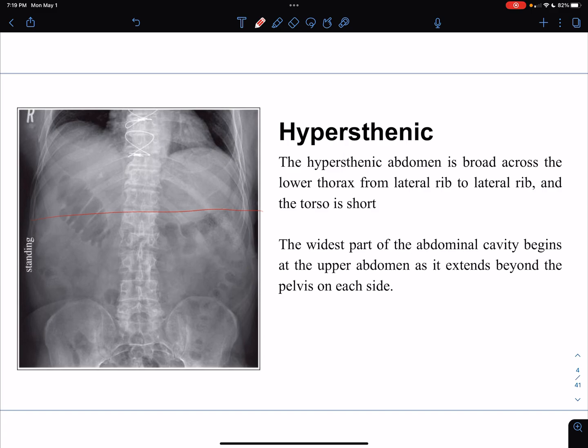It is going to be broader than the pelvis, okay? So we've got pelvis here, but their thorax kind of extends beyond the area of the pelvis. The widest part of their abdominal cavity is going to be at the upper abdomen as it extends below the pelvis on both sides. So we're having an abdomen that's extending over here, okay?